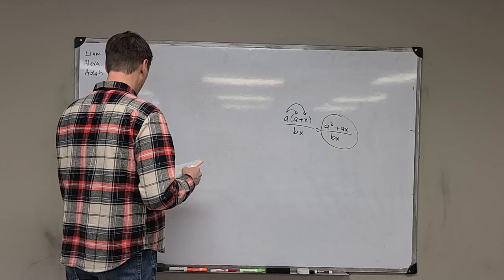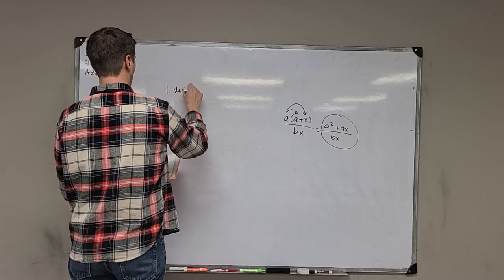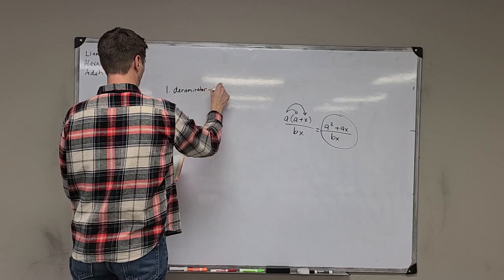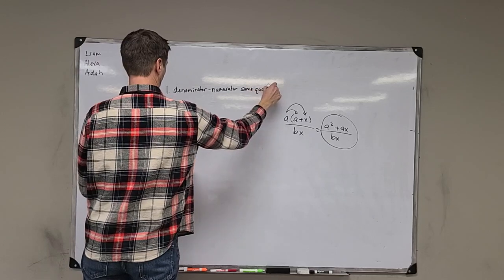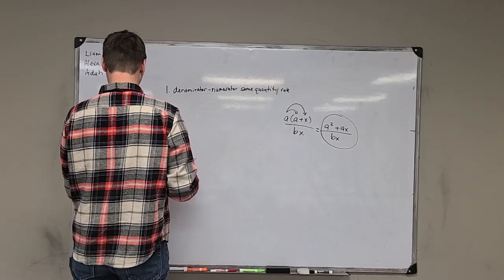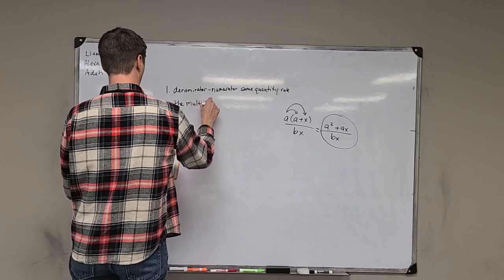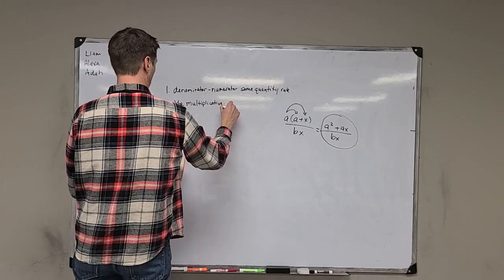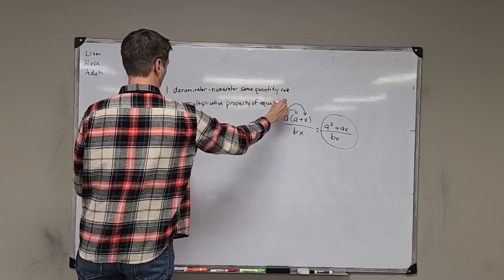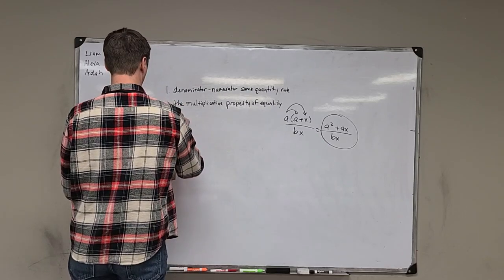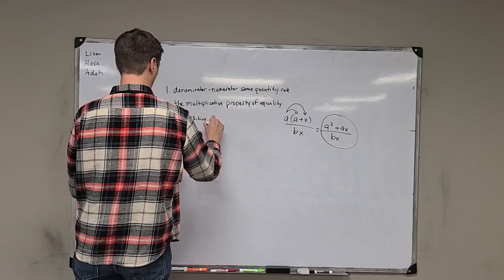The denominator numerator same quantity rule, the multiplicative property, and then the additive property.